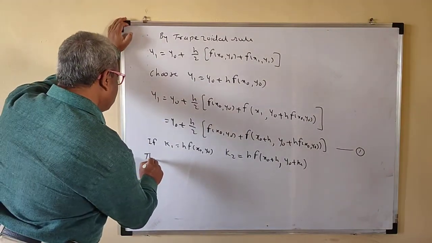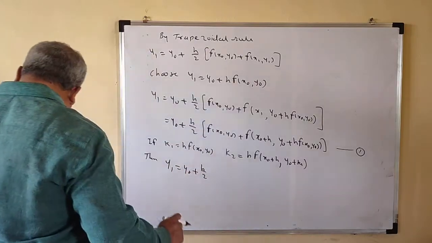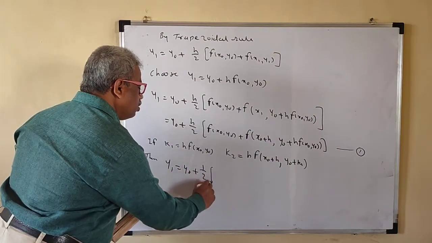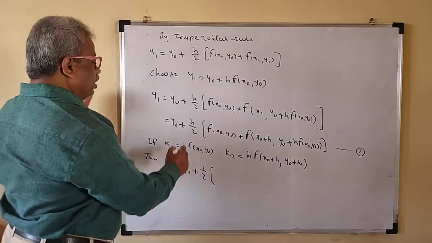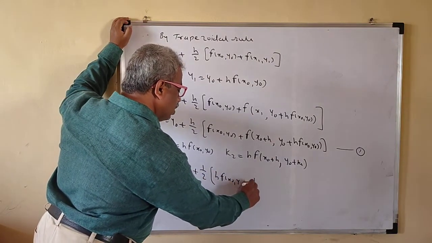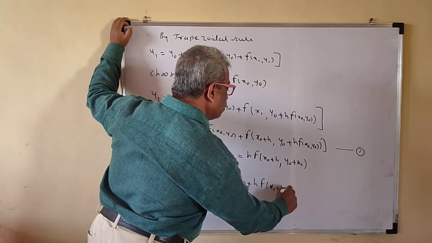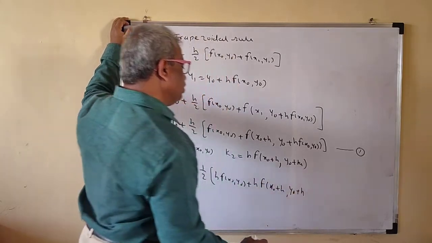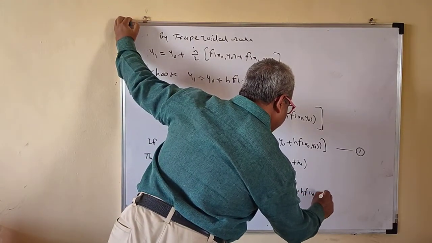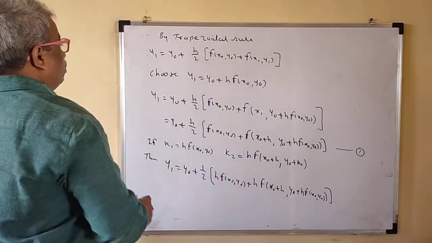Then see, y1 is equal to y naught plus, this is 1 by 2, not h by 2, this is 1 by 2, times h f of x naught, y naught plus h f of x naught plus h, y naught plus h f of x naught, y naught. This is complete. Okay.